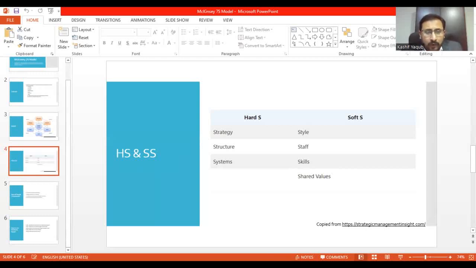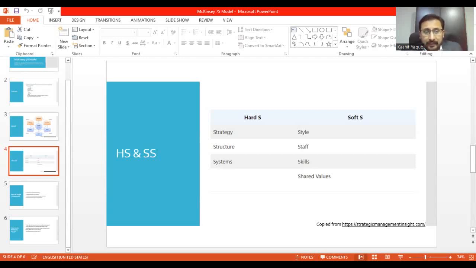Now, what about structure? Structure represents the way business divisions and units are organized and includes the information of who is accountable to whom. In other words, structure is the organizational chart of the firm. It is also one of the most visible and easy to change elements of the framework.